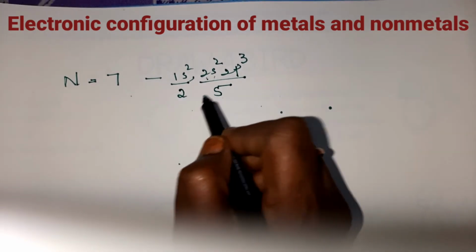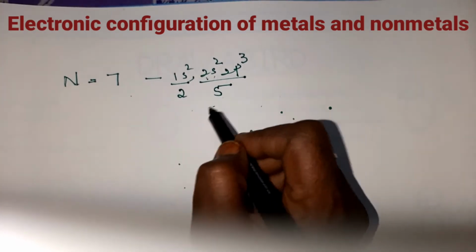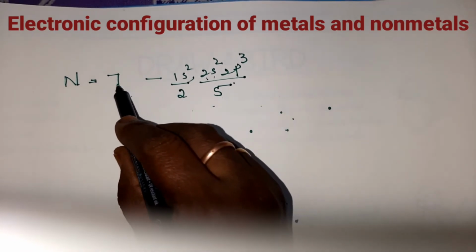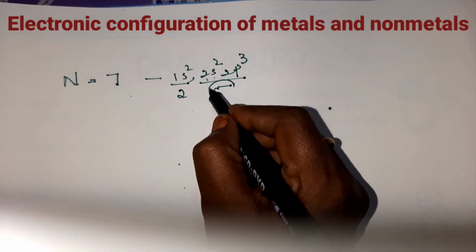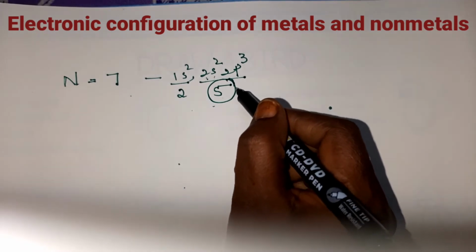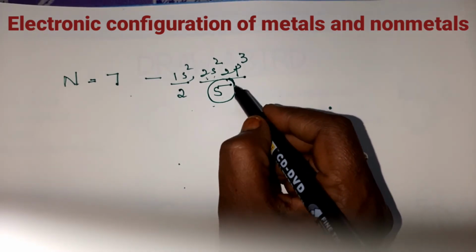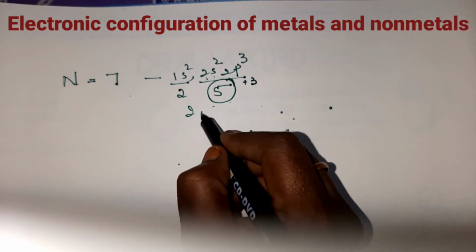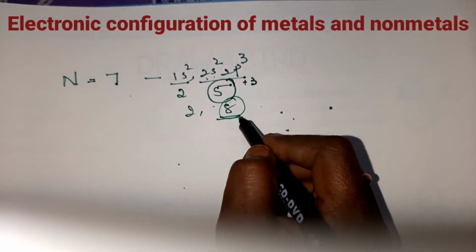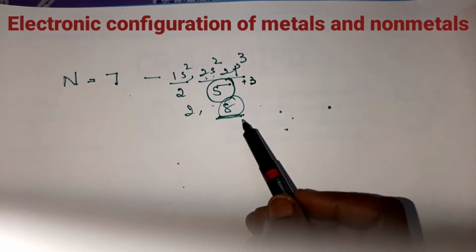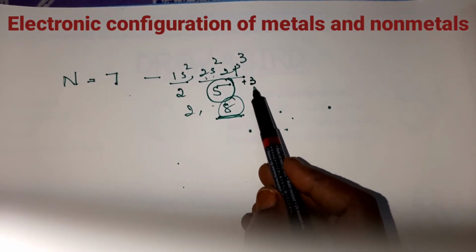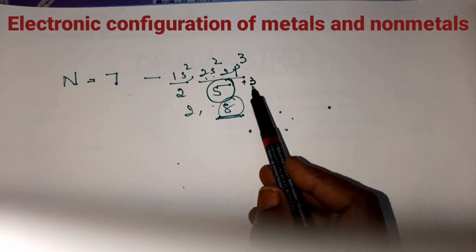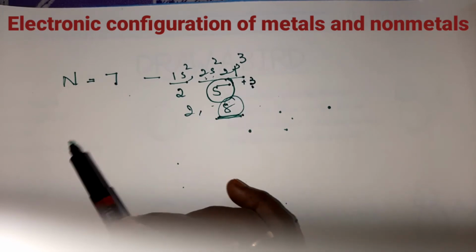So in order to attain noble gas or inert gas electron configuration, nitrogen has to receive electrons. It has to receive how many electrons, children? So it is in need of 3 extra electrons to form 8 electrons. Those 3 electrons it will receive from the metals.